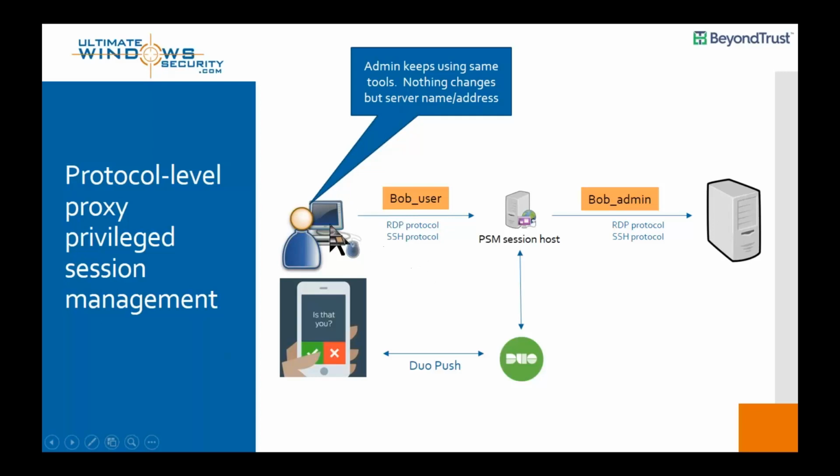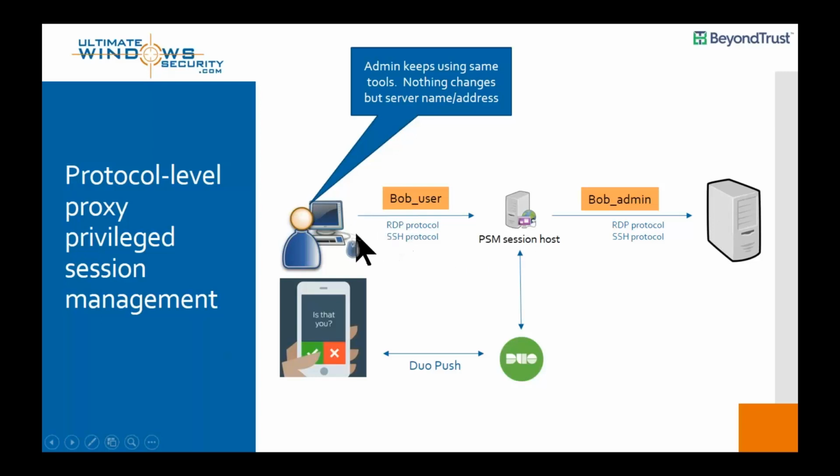So here we have Bob user authenticating to the PSM session host, and then from there he's either using his Bob admin account to access this server, but he still doesn't know the password of his Bob admin account, or maybe the server doesn't allow that. Maybe the server, you need to log on to it as root or some other built-in account. So he checks that account out. But again, the password never goes back over here.